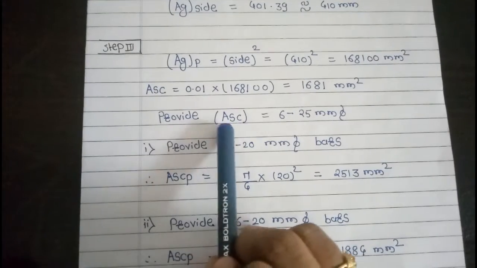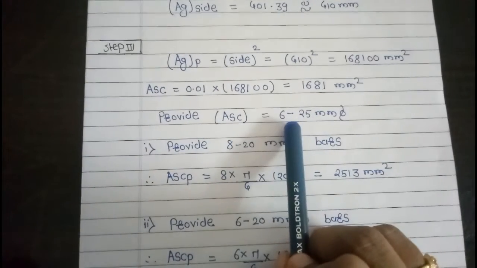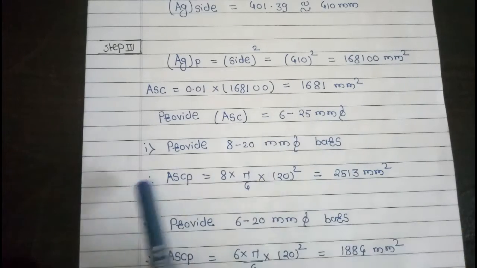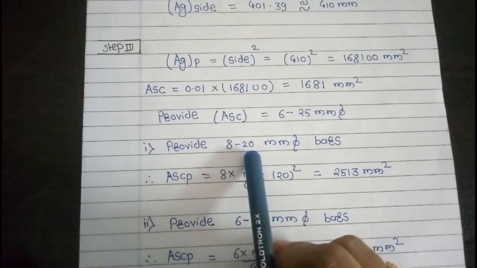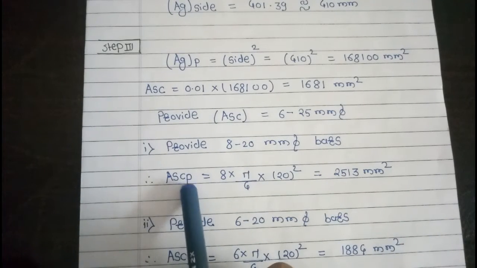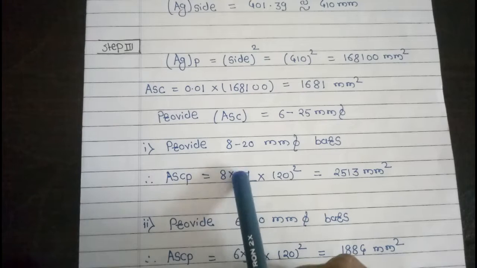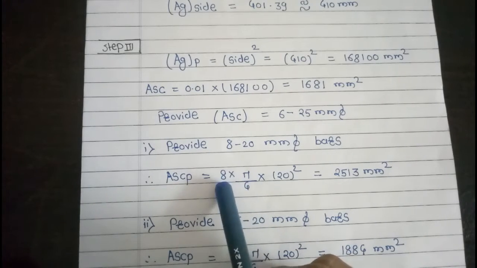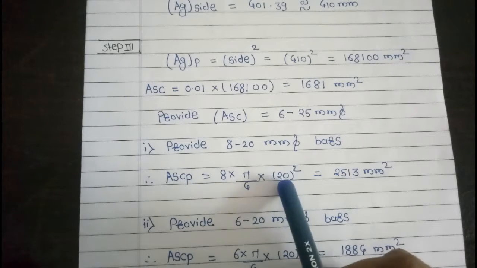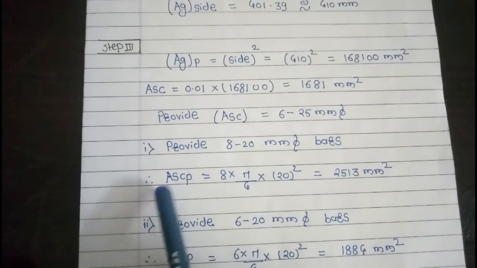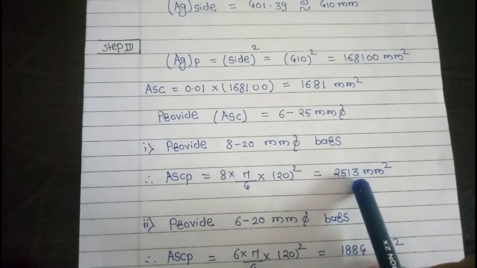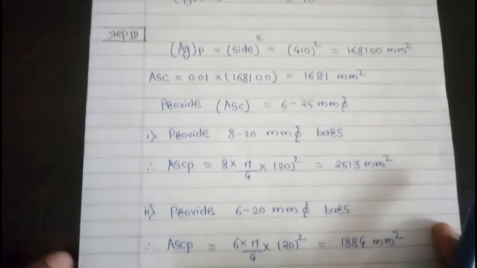Here I have provided 6 bars of 25 mm diameter. Then provide 8 bars of 20 mm diameter. Ascp is equal to 8 bars into pi by 4 into d square, diameter 20. Then we get Ascp, the area of steel provided, as 2513 mm².